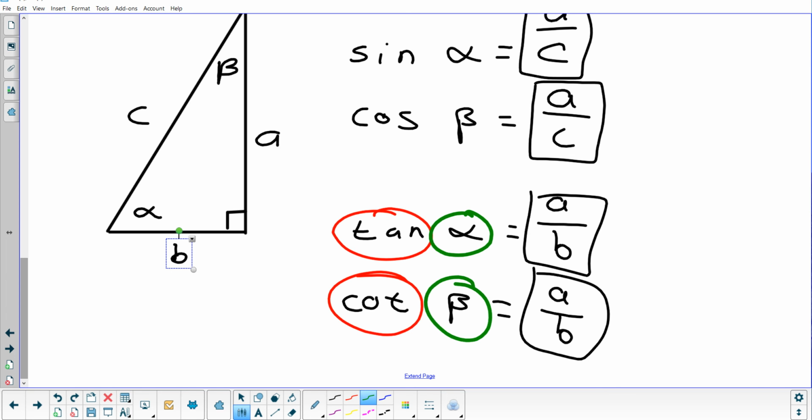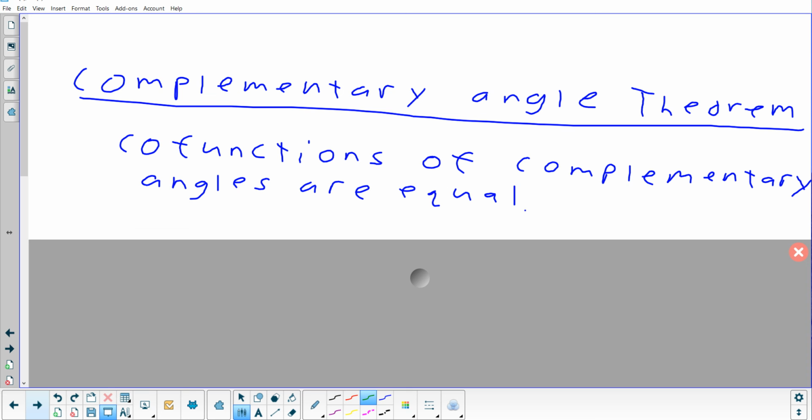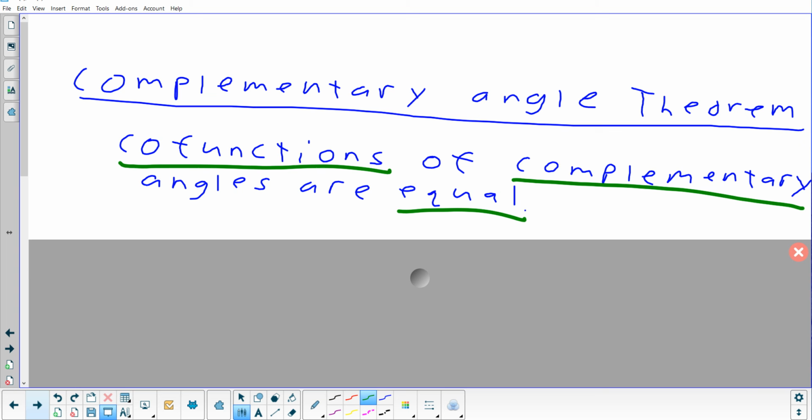So as long as you have cofunctions and angles that are complementary, you'll get the same answer when you do that problem out. And that's called the complementary angle theorem. As long as you have cofunctions and angles that are complementary, the answer that you get when you do either problem is the same.